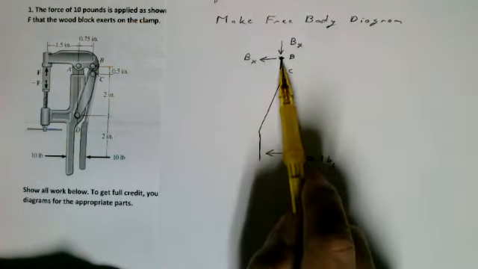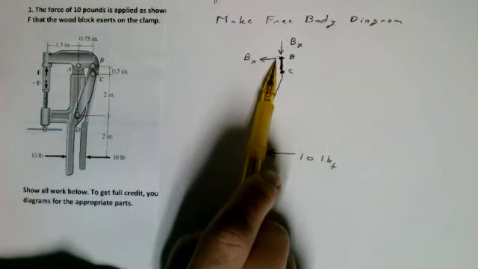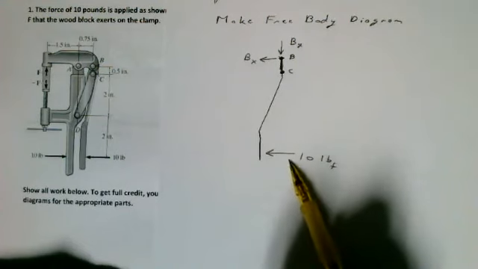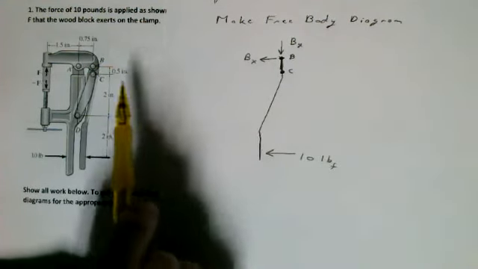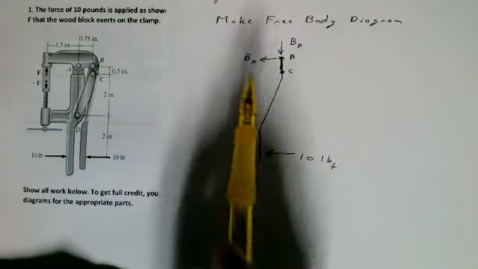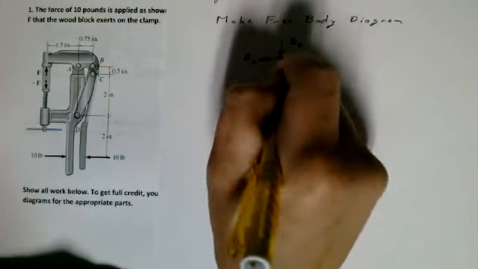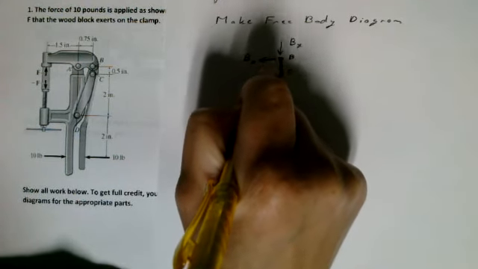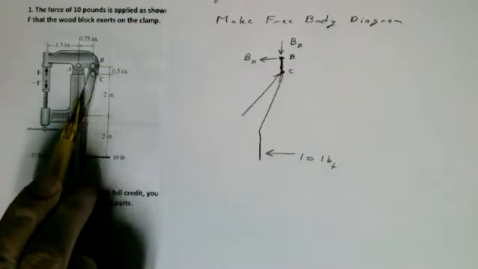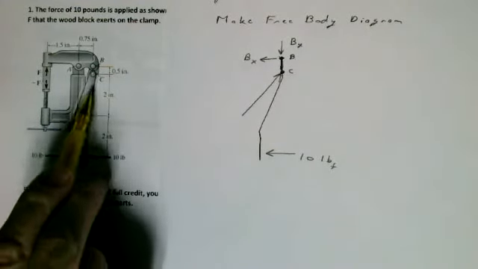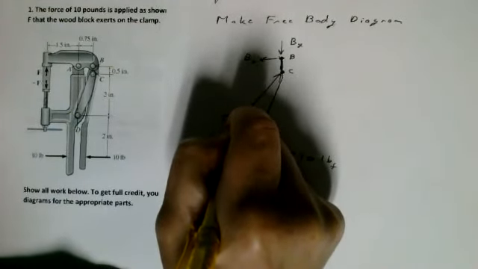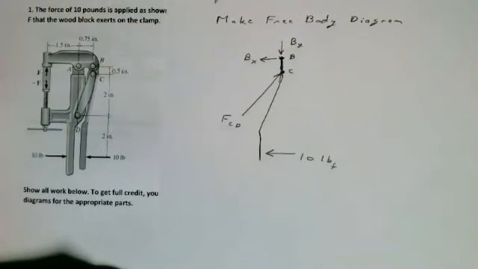Of course, there are the forces BX and BY here, and then there's this force here. Also notice that this piece is applying a force, so we have to put that force there. Since that comes from part CD, I'll call this FCD, like this.